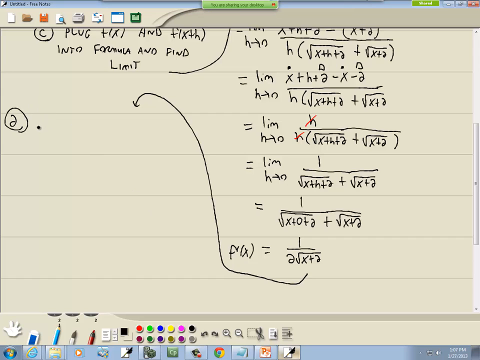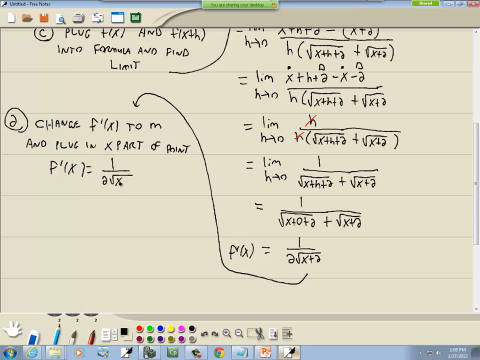Step 2. Change our derivative notation. I'll just say f prime. Change f prime of x to m. Now it could be y prime, so it doesn't have to be f prime. And plug in the x part of the point. So we got f prime is equal to 1 over 2 square root of x plus 2, and we're going to change f prime to m.